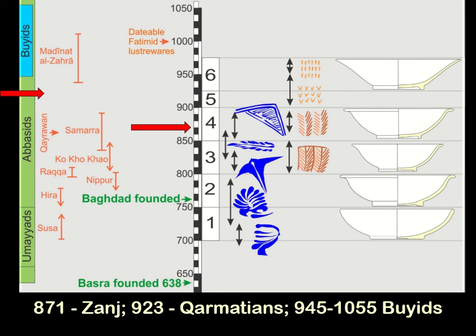The Karmatians did the same in 923. They actually come from the Persian Gulf or the Arabian Gulf, depending which side of it you're standing on. And they, like the Gulf coast of Saudi Arabia, Karmati were very zealous Shia, and they also became problematic for the authorities in Baghdad. They came up in 923 and sacked Basra and killed everybody except for the Shia.